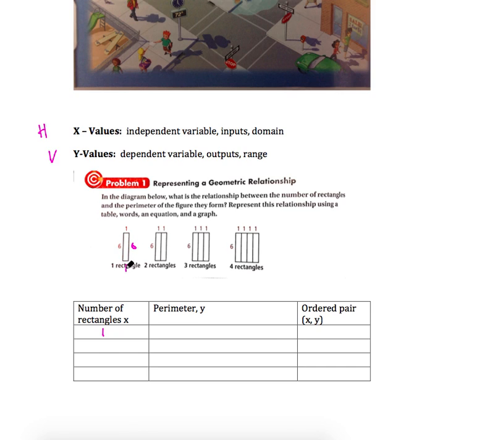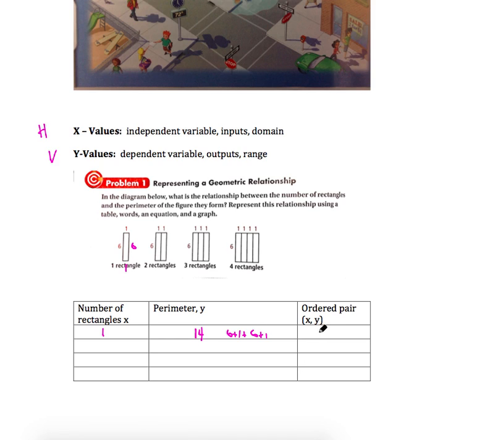So 6 plus 1 is 7. And notice we have 7 again coming back on the other side of the rectangle. So the perimeter is 7 plus 7, or 14. So we get that 14 by doing 6 plus 1 plus 6 plus 1.